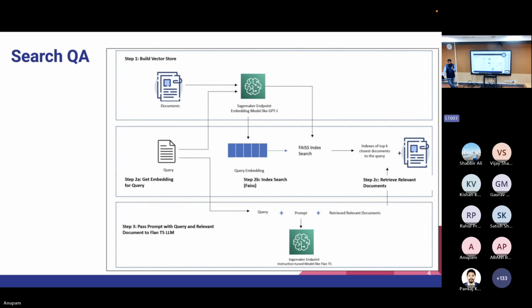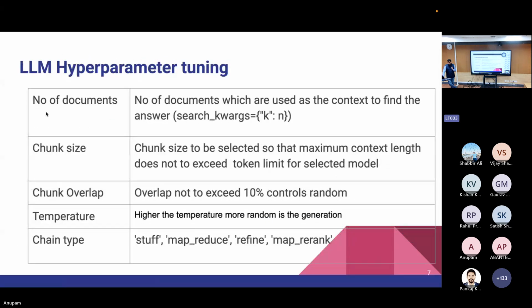So that's where this other hyperparameter comes in, the number of documents or top K value. So you will say, okay, 90% cosine similarity is my threshold. Say 100 chunks are matching that 90% threshold, but you will only pick the top 10 out of it. So that is your top K. Or say top K is 5, then you will only fit those 5.